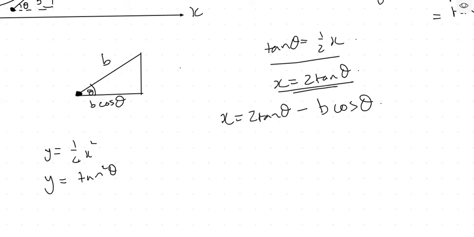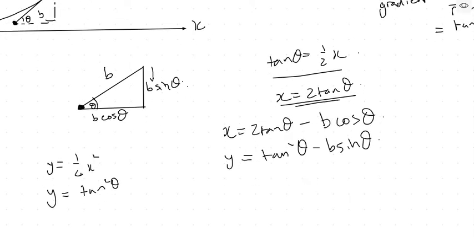And then we're going down, so this is b sine theta here. So our y is tan squared theta minus b sine theta. Okay, does that all make sense?